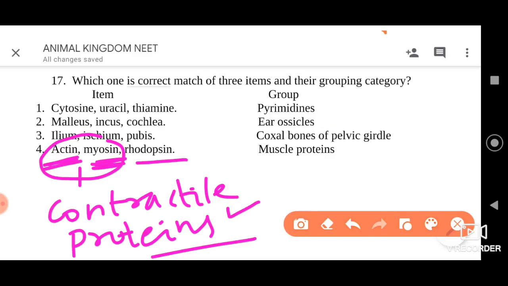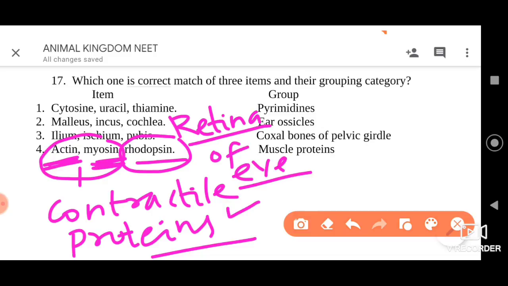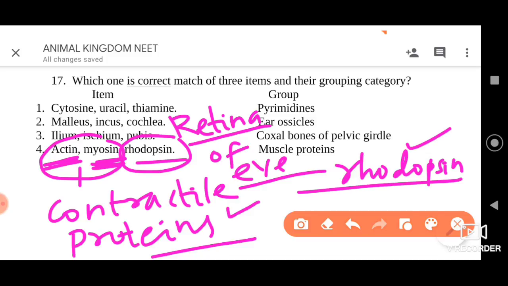Dear students, one more option is given here, rhodopsin. When we are talking about the retina of the eye, remember, the rods contain a red protein. We have rods and cones. The rod cells contain a red protein that is called rhodopsin, my dear friends, or this rhodopsin can also be called visual purple.